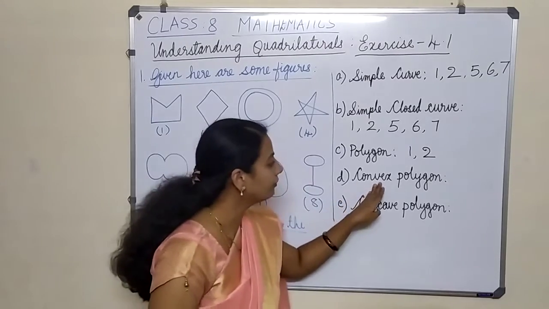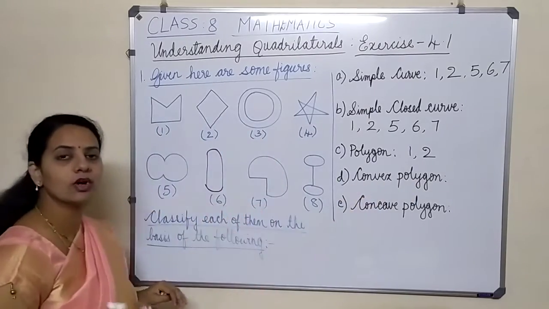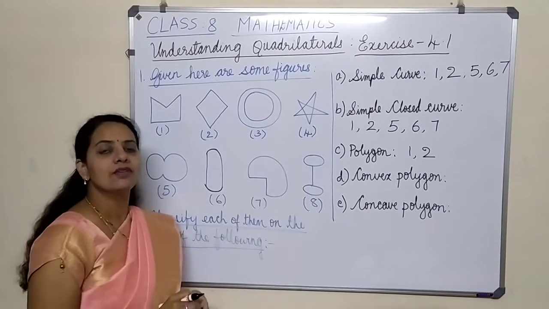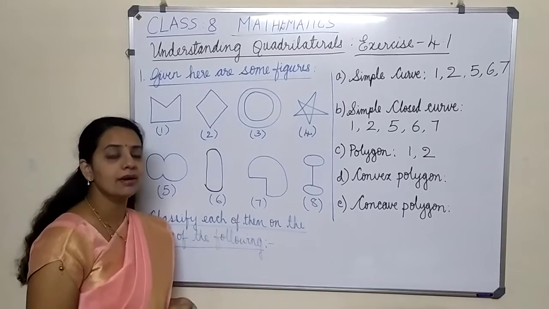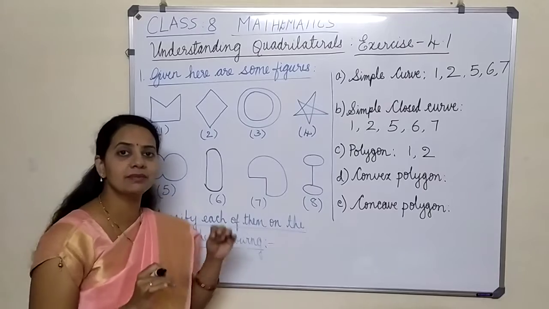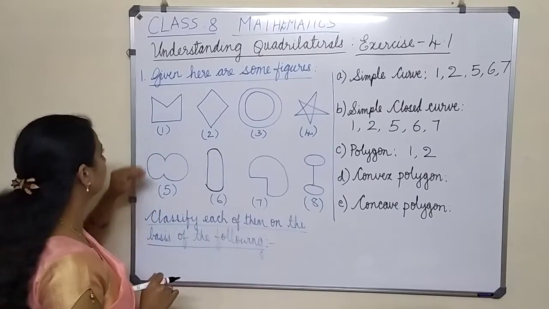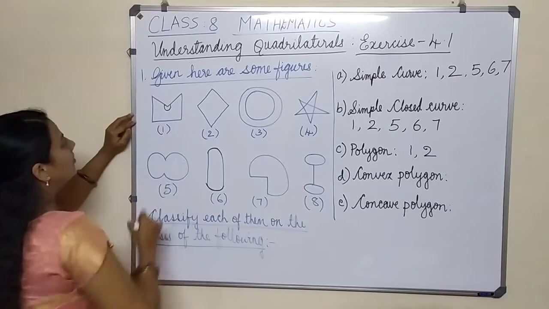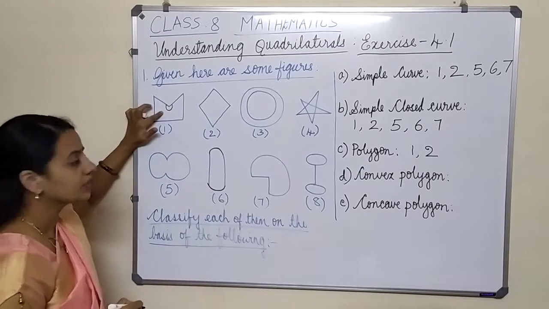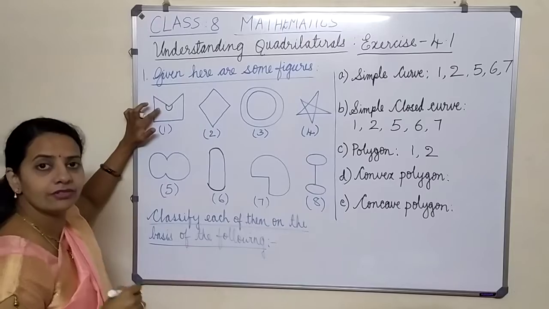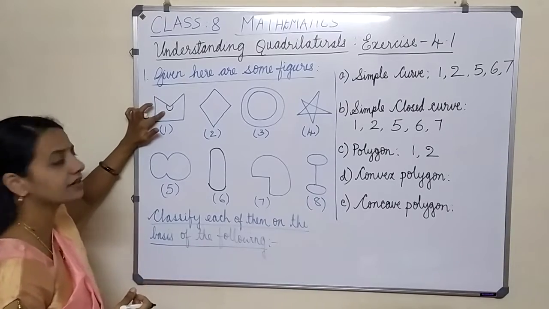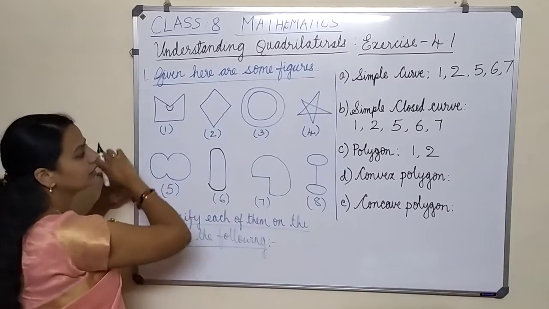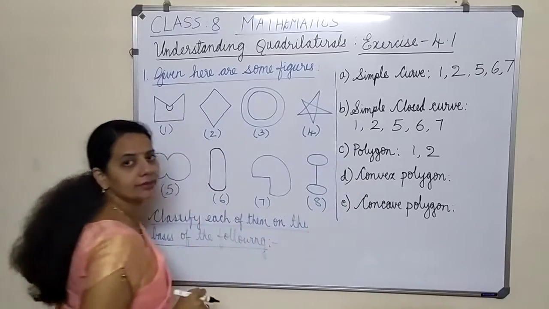Then the seventh one also consists of curve and the eighth one also consists of curve, so it is not a polygon. Now coming to convex polygon. What do you mean by convex polygon? A polygon which is made up of line segments obviously, and also the angles will be less than 180 degrees. So here, if you see, this is more than 180 degrees. By just looking at it, you can identify this is a reflex angle, so this is not a convex polygon.